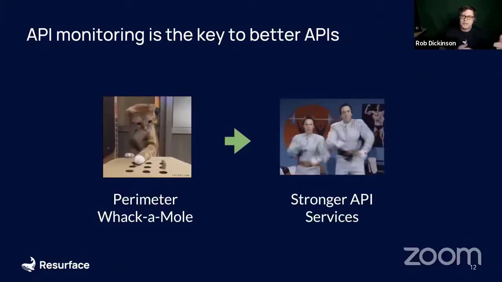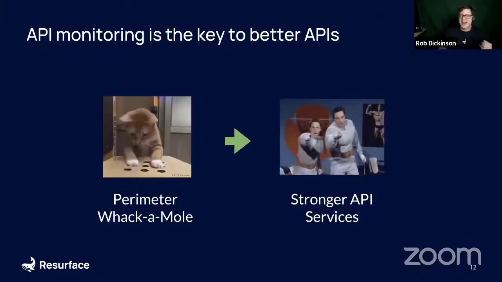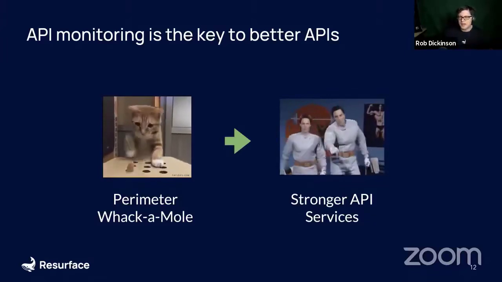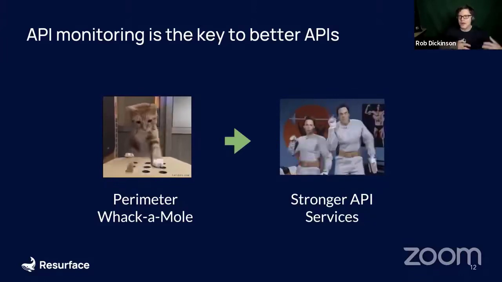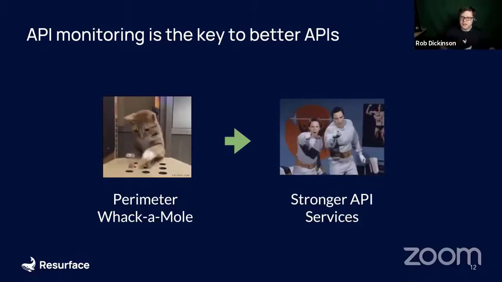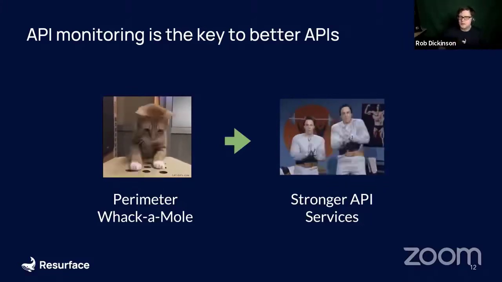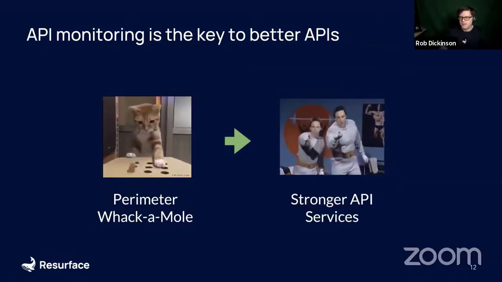So we can't just play the whack-a-mole game of blocking people at the perimeter when they do bad things. We have to be able to sufficiently log and monitor what's going on in our own digital properties and feed that information back into the organization so that we can really truly build stronger API services in the process.